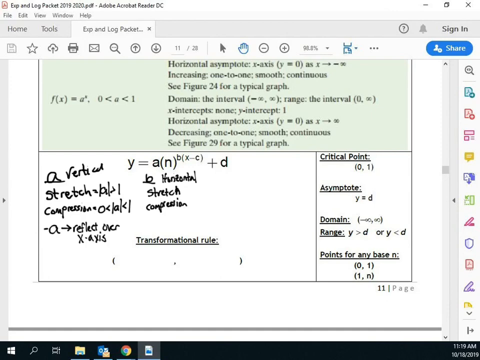Again, it'll look exactly the same as it looked with A. What's a negative B going to do? If we took a negative A and it reflected about the x-axis, what do you think it's going to do with negative B? There you go.